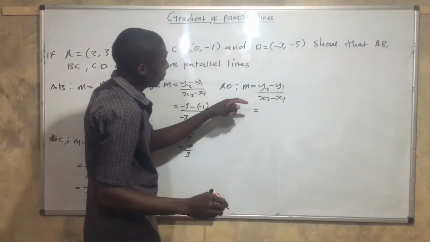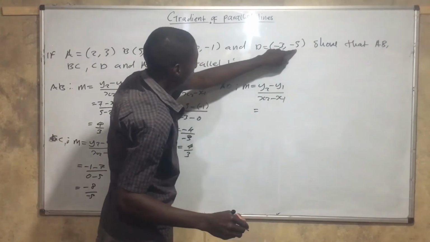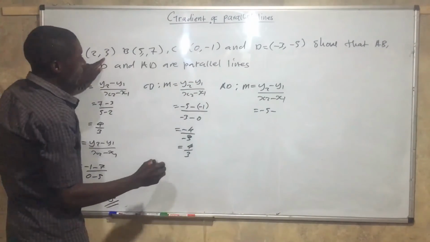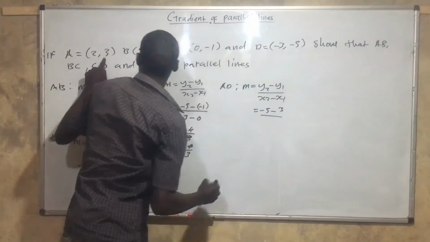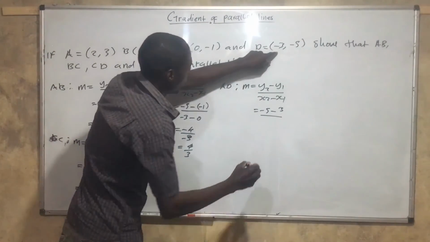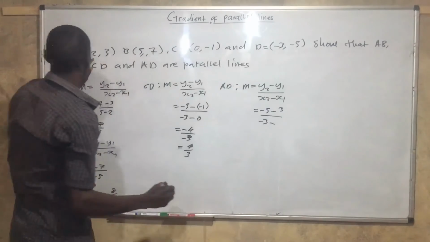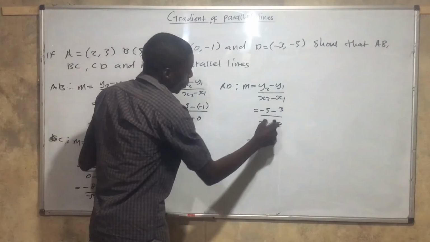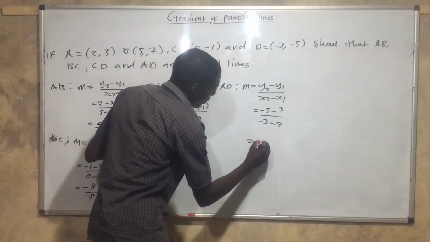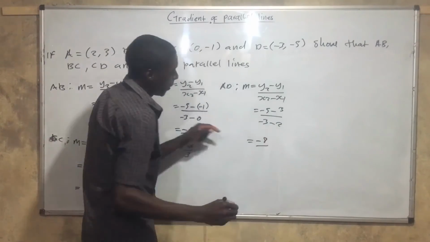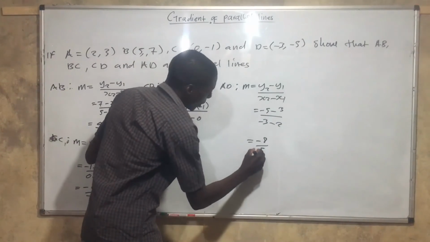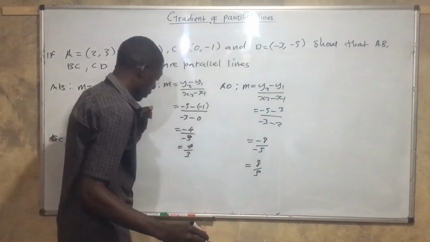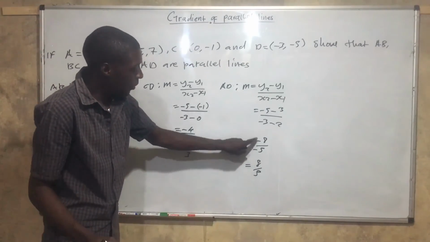Since it's point D, our y2 is -5 minus 3 over our x2 which is -3 minus our x1 which is 2. So this will be -8 over -5. This will give us 8 over 5, which is positive because we are dividing negative by negative.